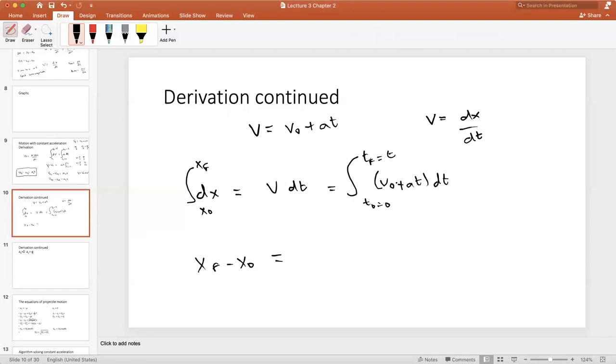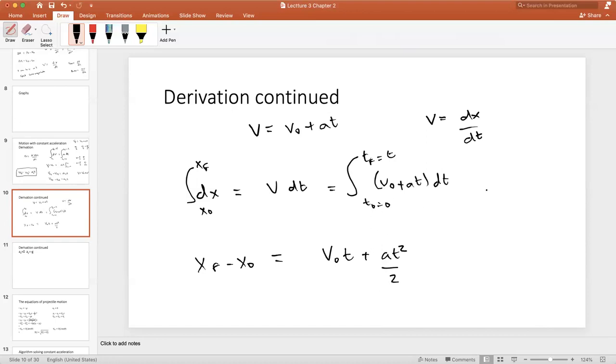This, however, one power of t comes up, this power increases. So this becomes v naught times t, plus the power of t goes up to 2, and you divide by the new power. And it goes from 0 to t.